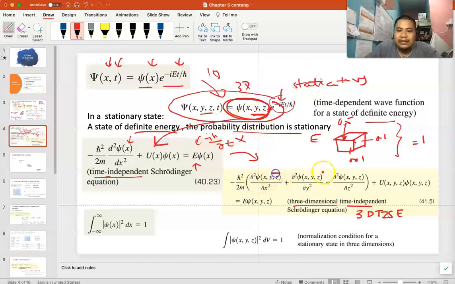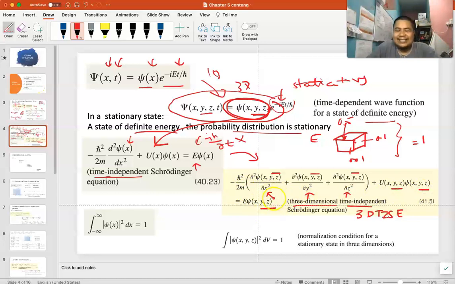So this is the modification, and then we have to include this partial derivative with respect to y and z. Right, and then you include another y and z. This is also y and z, and then this also y and z. So those are the differences between 1 dimension and 3 dimension.